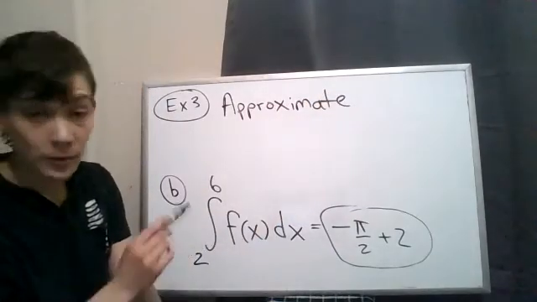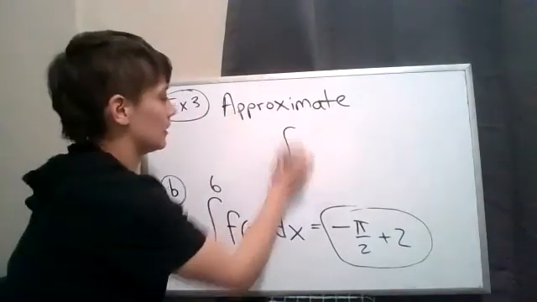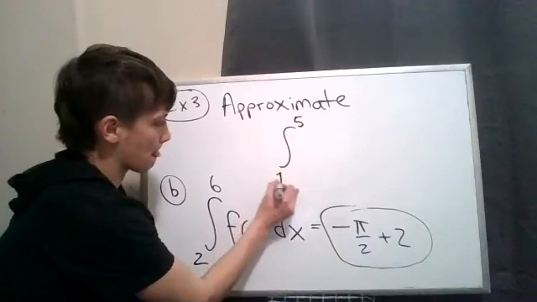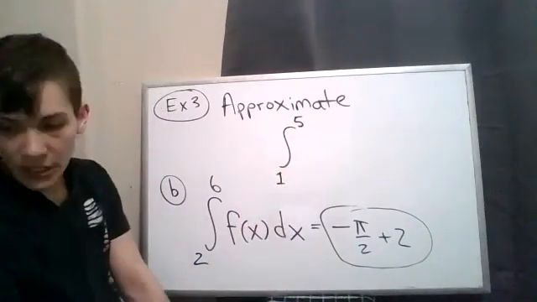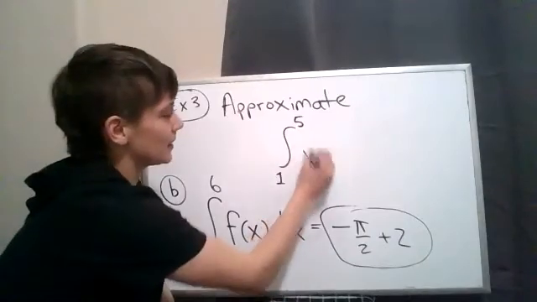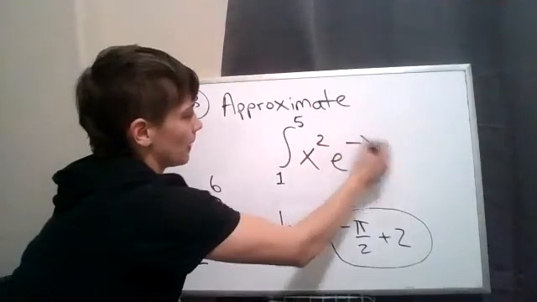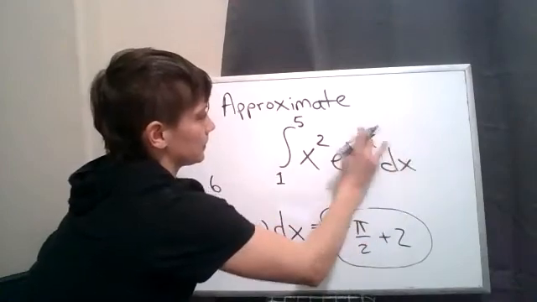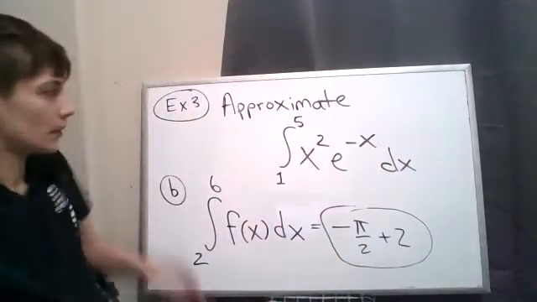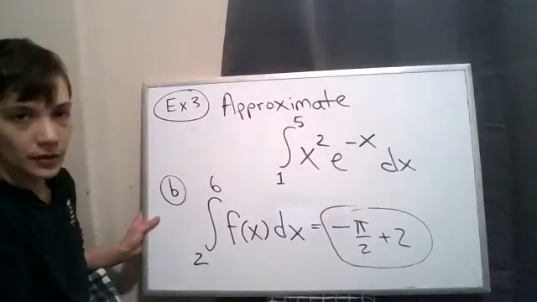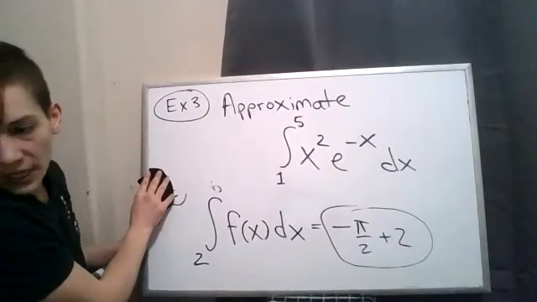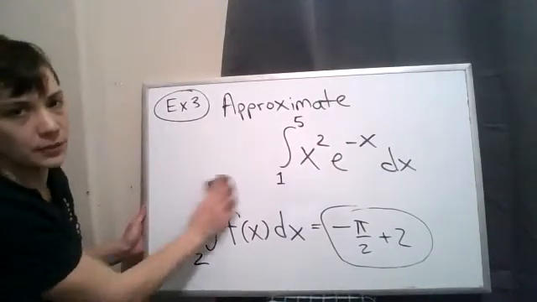It's the integral from 1 to 5. The function is x squared times e to the negative x, and then dx. We're going to use, let's see, right-hand endpoints with n equal to 2.